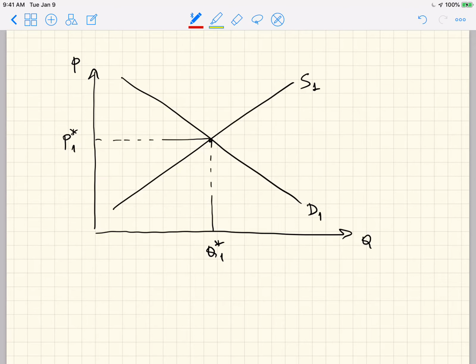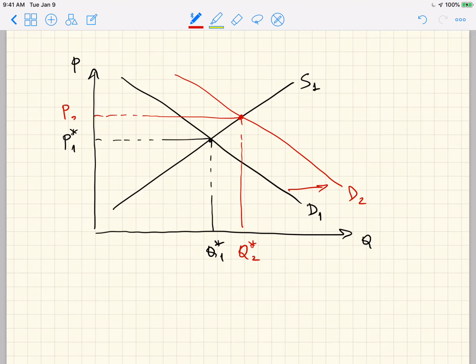Well, actually, let's do an increase. I think I like it better. So increase in demand. So we have a rightward shift here in this curve. So this is where we're going to find the new equilibrium. So equilibrium quantity will be here. Equilibrium price will be here. Okay, so P asterisk 2.